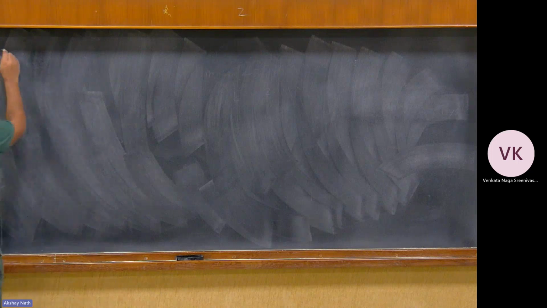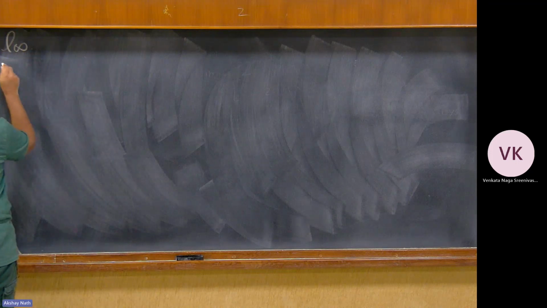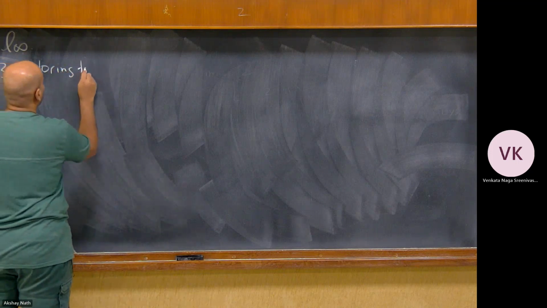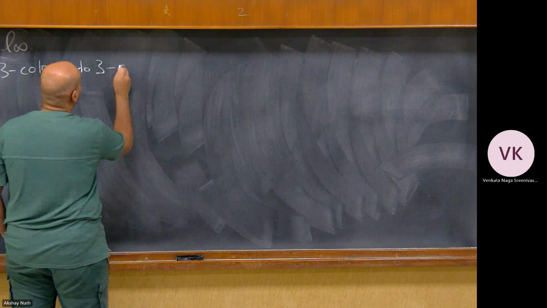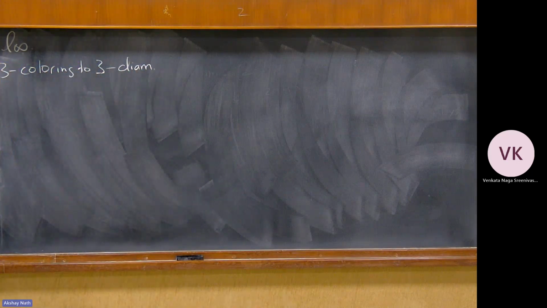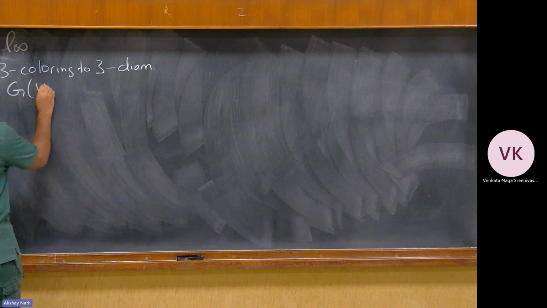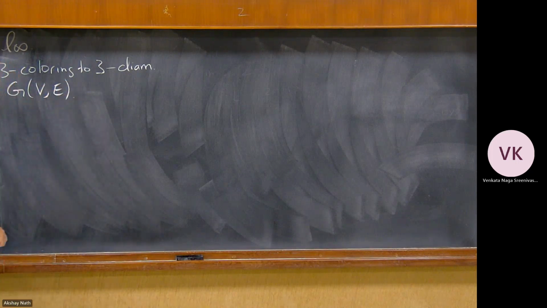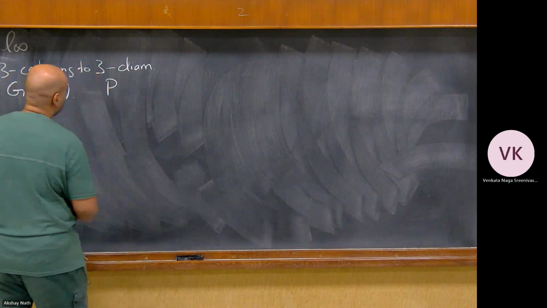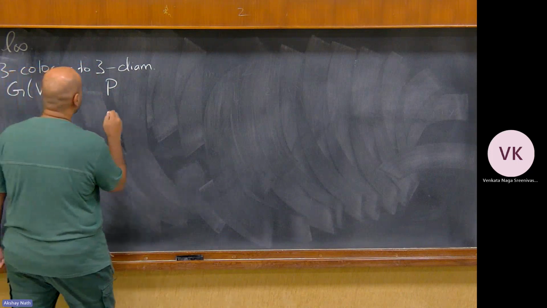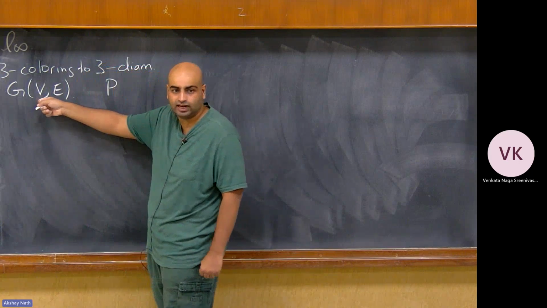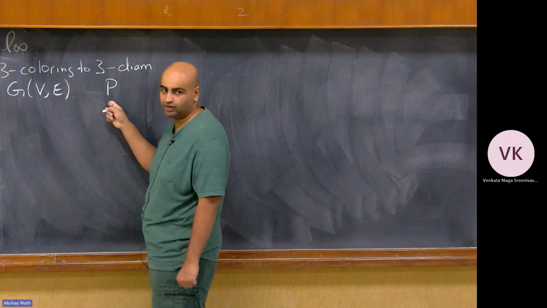It's L infinity. We are doing a reduction from 3 coloring to 3 diameter. In other words, we are given a graph G, and we end up building a point set P. There's a 1-to-1 correspondence between the vertices of the graph and the point set we'll build.